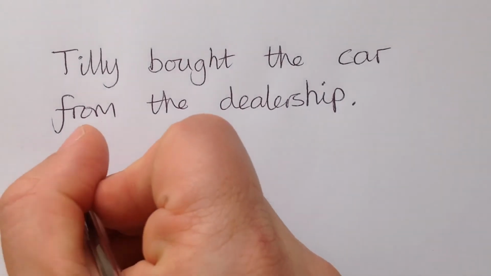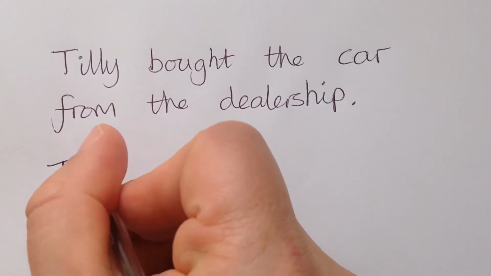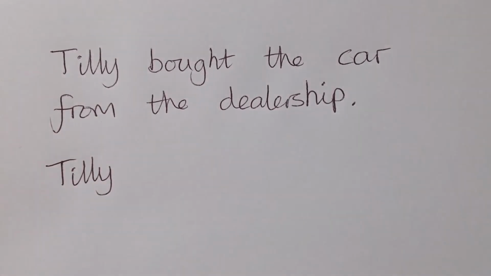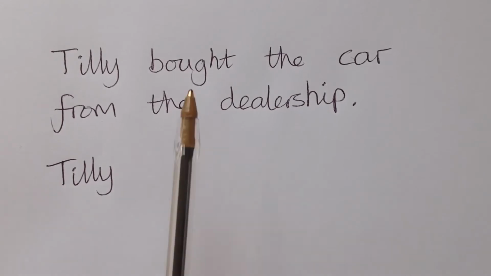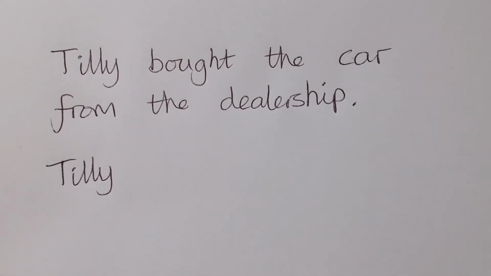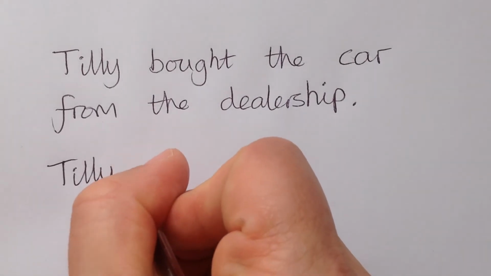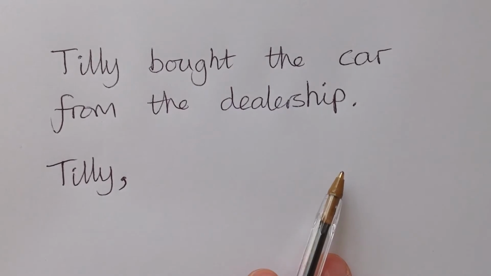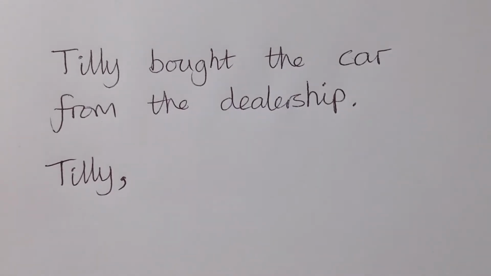So my first sentence, I'm going to start by writing Tilly. And now in a moment, I'm going to copy the rest of the sentence exactly as it is. I'm going to put bought the car from the dealership. But before I get to that point, I'm going to drop in an extra idea. So I'm going to start with a comma to say, here comes my information. So what might I tell you about Tilly who's buying this car from the dealership? Well, maybe she's just passed her driving test.